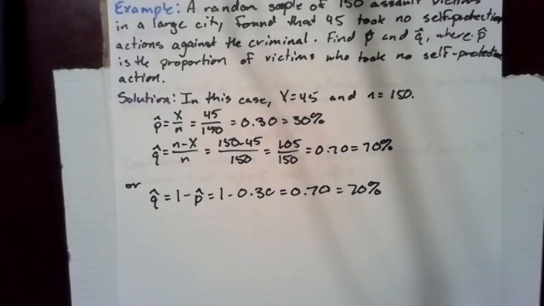So P hat equals X over N, which is 45 over 150, or 0.30, which is equal to 30%. Then Q hat is N minus X over N, which is 150 minus 45 over 150, which is 105 over 150, or 70%. Likewise, we can write this as Q hat equals 1 minus P hat. That's 1 minus 0.30, which is 0.70, or 70%.